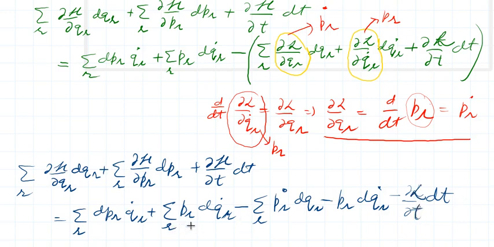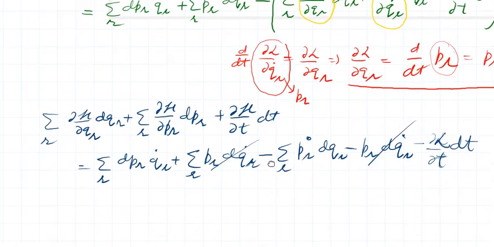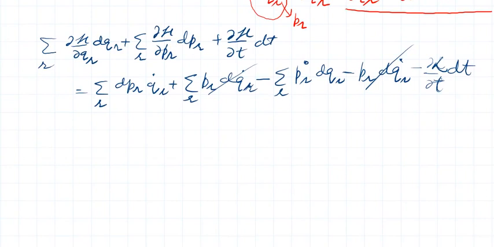So now the PR dQR dot terms will cancel out. I have forgotten the summation here, so let me write the summation over R. Now let me sum up this result.